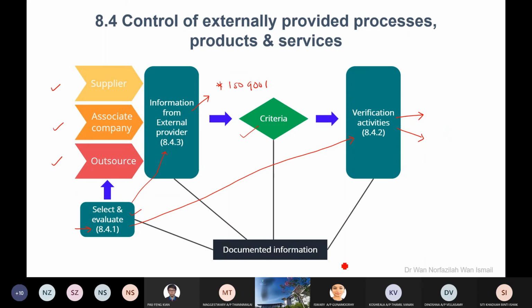And of course, for each subclause you need to have evidence, which is either maintained or retained documented information.